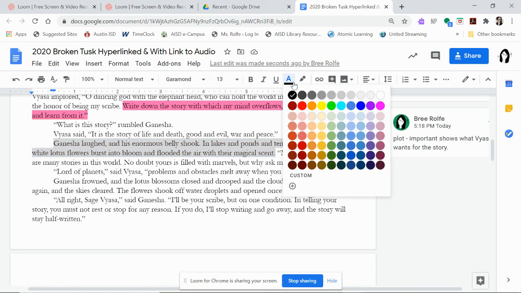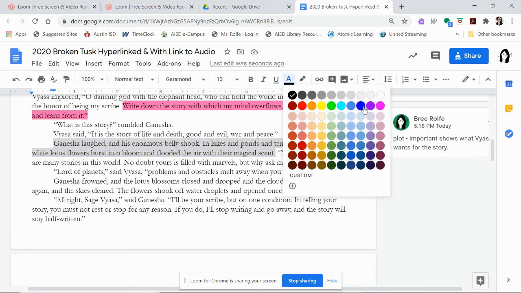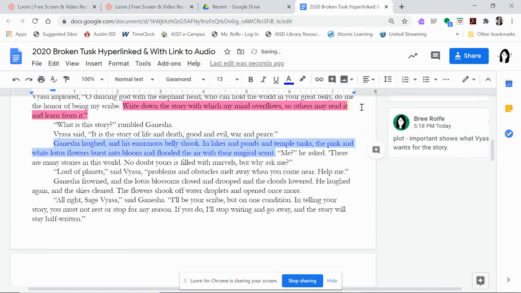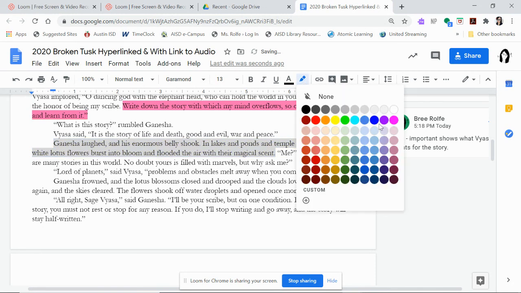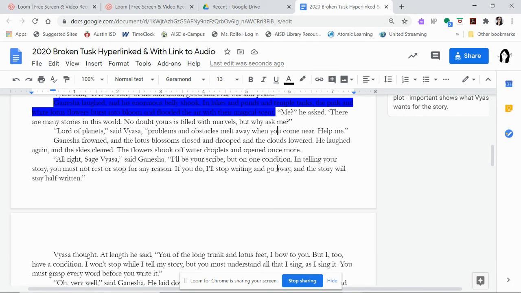This is imagery, some sound, sight, and keep doing that. There's some sight and smell imagery. Here's some figurative language.